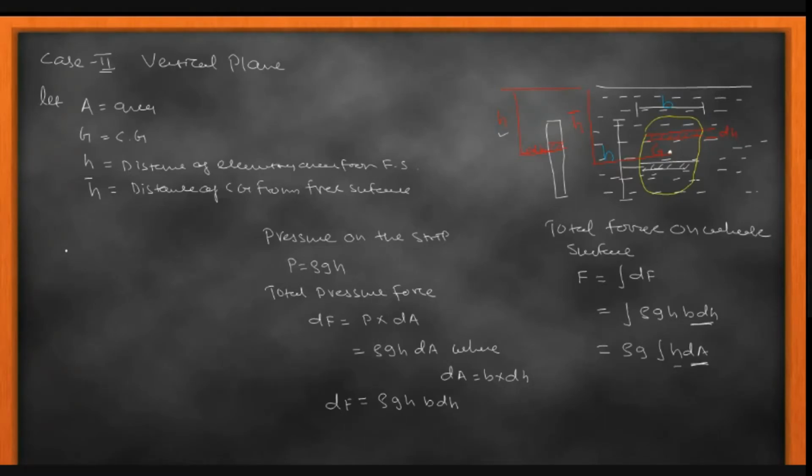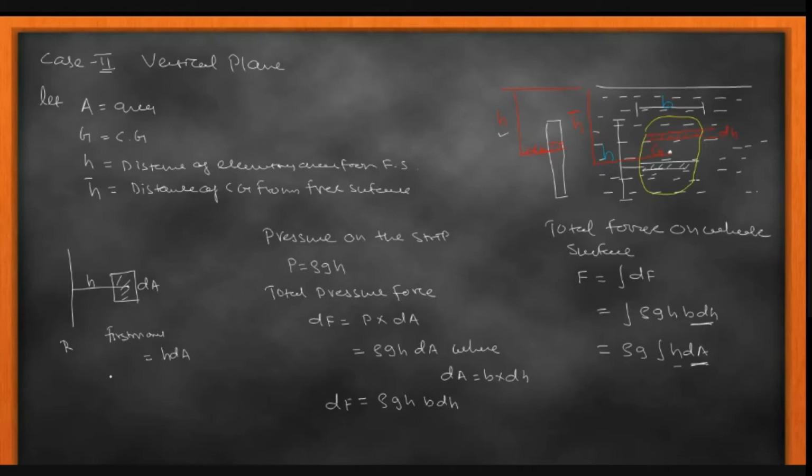Suppose this is my reference axis, and I have a certain area with an element dA, and the distance from the reference axis is h. Taking the integration of this is called the first moment, so it becomes h into dA.